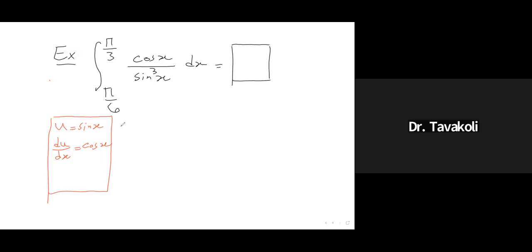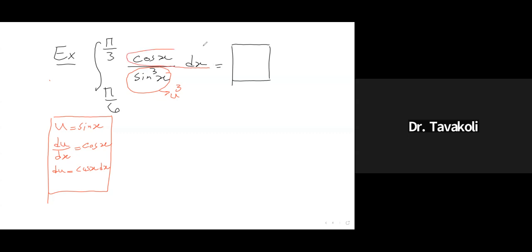Cross multiplication tells me that du is cosine x dx. So, first of all, u is sine x, so this denominator is u cubed. And du is cos x dx.